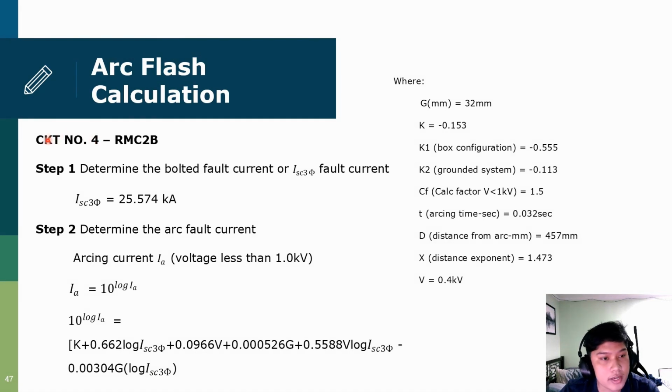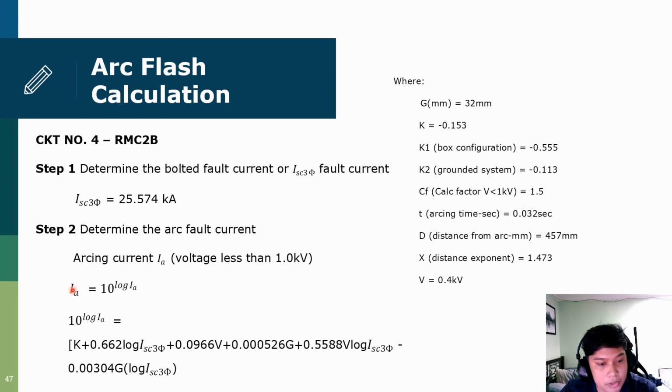Now let's move to the last branch circuit number, which is number 4, RMC2B. In step 1, we determine the voltage fault current or short circuit fault current, which is 25.574 kA. In step 2, we determine the arc fault current or the arcing current.